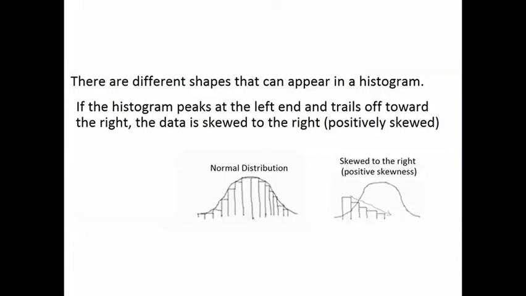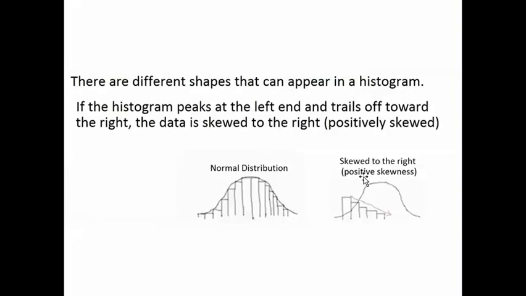So here's a data set that's skewed to the right, or positively skewed, where it peaks to the left of a normal curve and then gradually trails off toward the right. The reason why I put this red arrow here is to show how it's trailing off toward the right end. That's why you say it's skewed to the right.